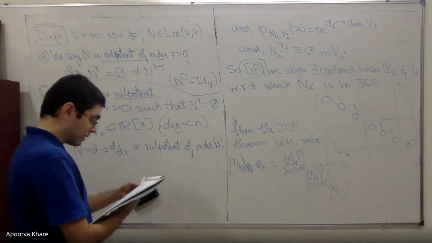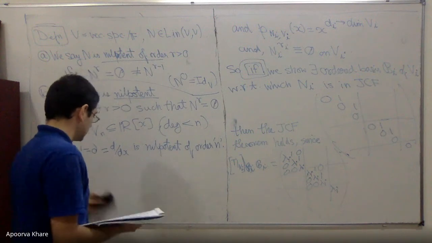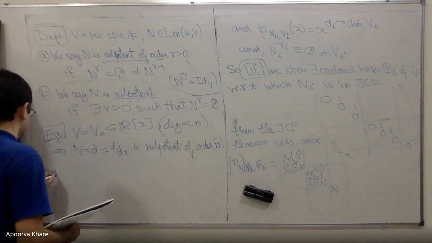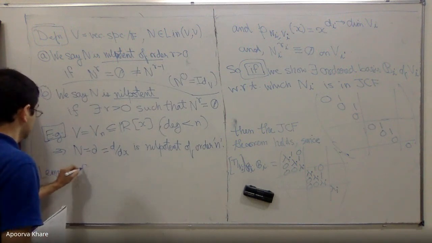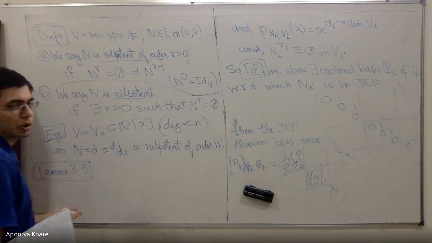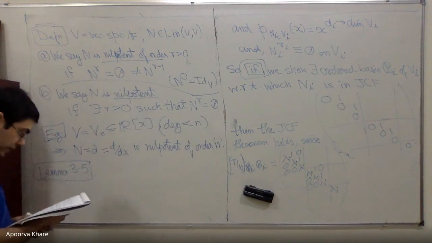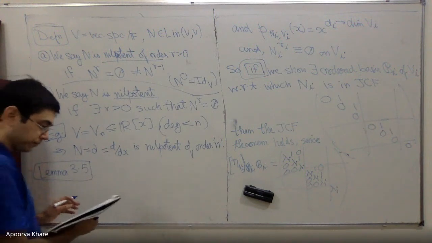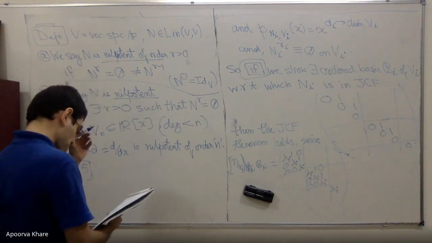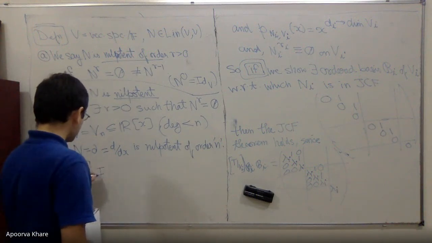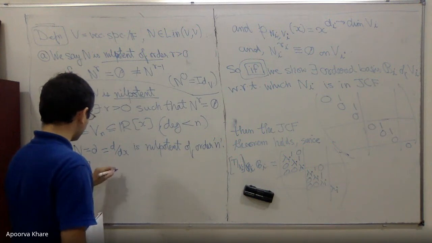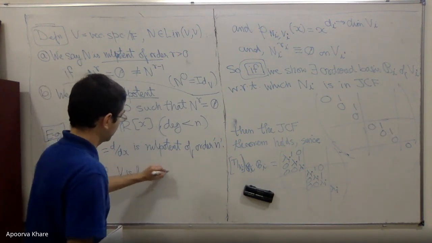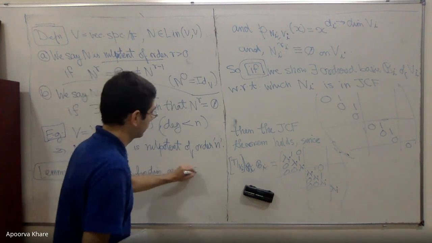So now before I prove lemma 4, there's a lemma 3.5. I just called it 3.5, which was not in that website at Princeton. Let's say V is finite dimensional and N is nilpotent.